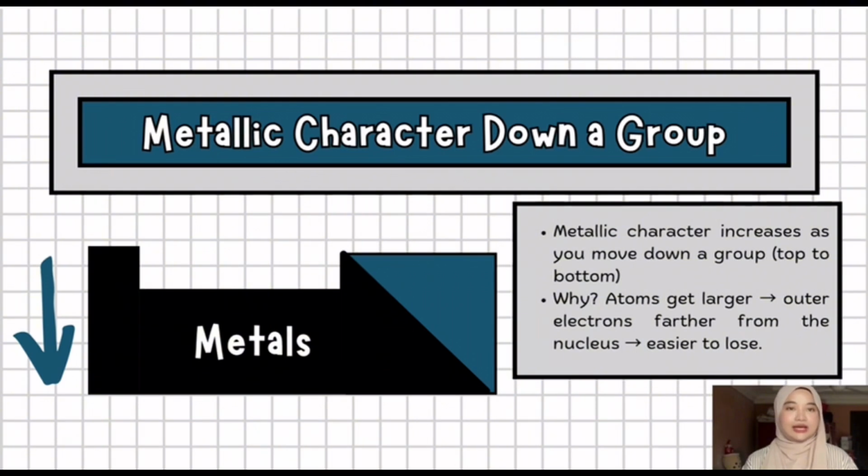In other words, the atoms become looser with their electrons, making them more metallic. For example, in group 1, lithium at the top is metallic, but francium at the bottom is super metallic. It's like the heavyweight champion of losing electrons.